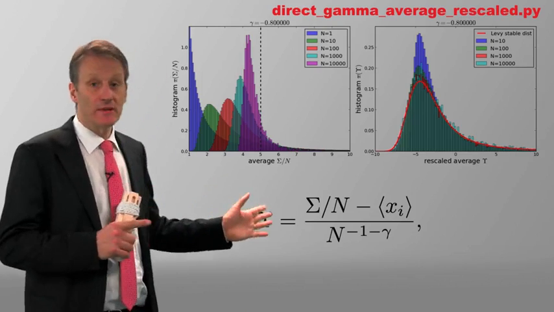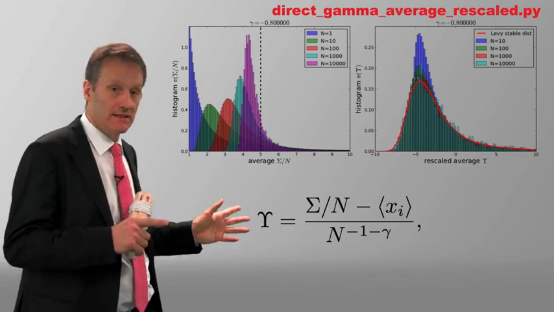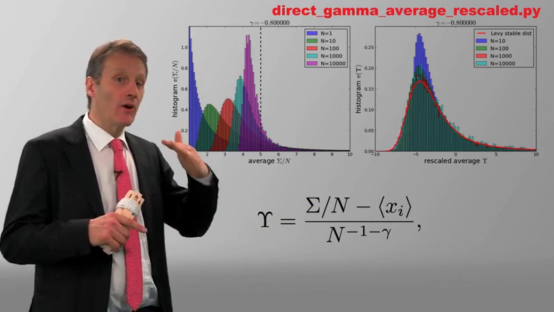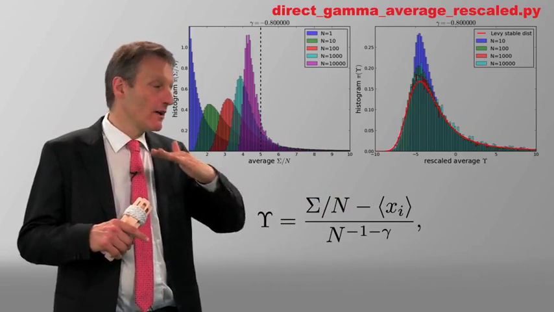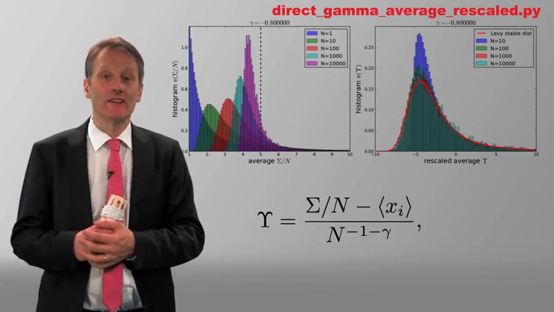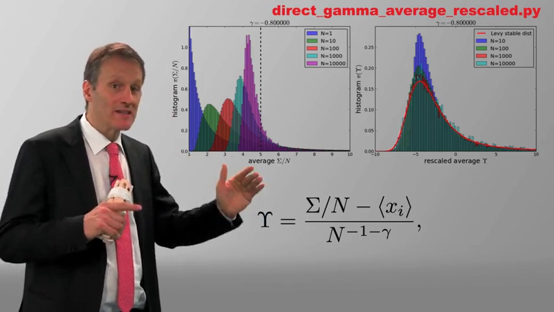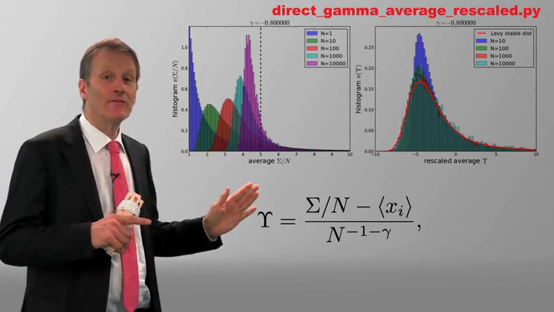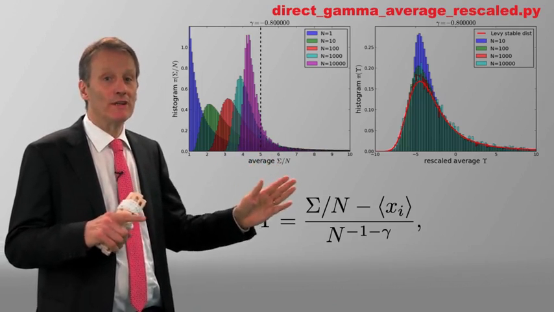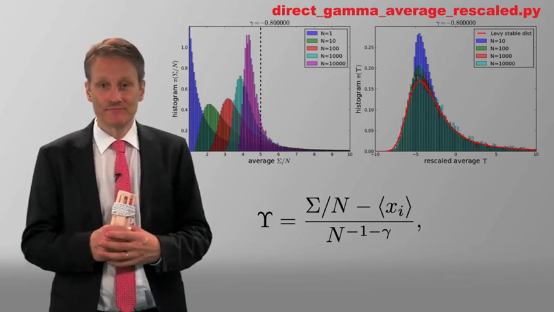These Levy stable distributions depend on the power gamma of our distribution that has infinite variance, and on the precise asymptotic behavior for x going to plus infinity and x going to minus infinity. So in our case, the distribution for x going to plus infinity is 1.25 divided by x to the power of 2.25, and it is 0 for x going to minus infinity.